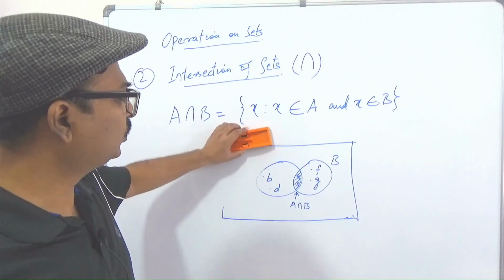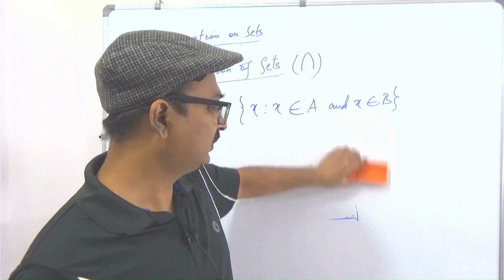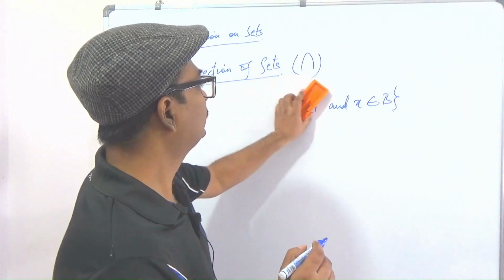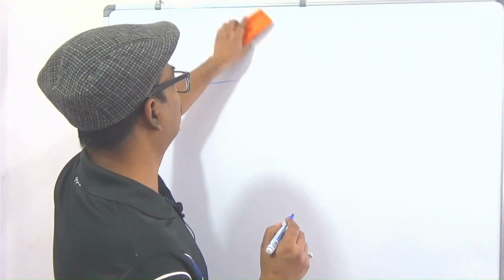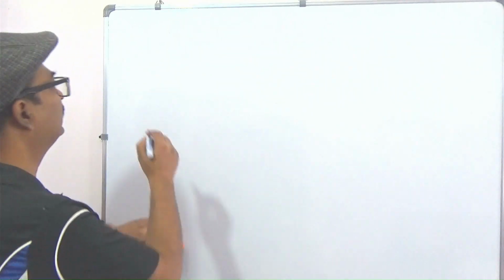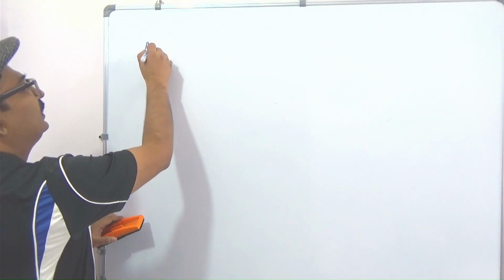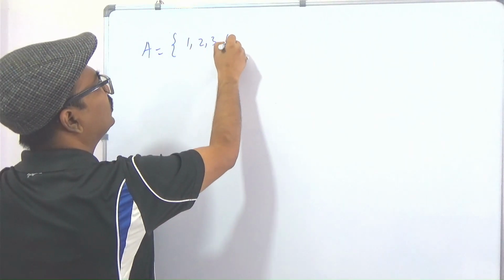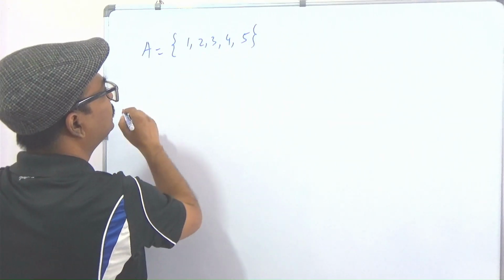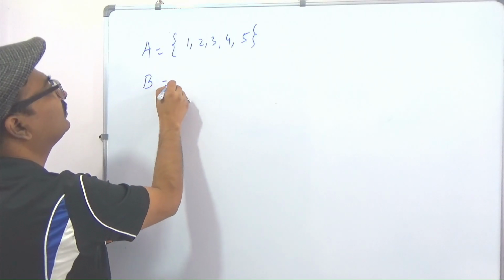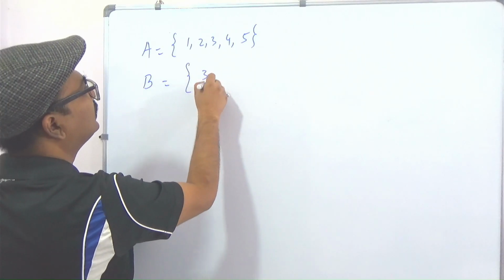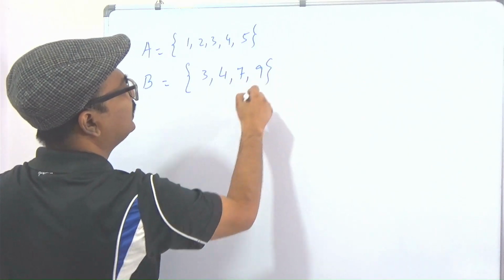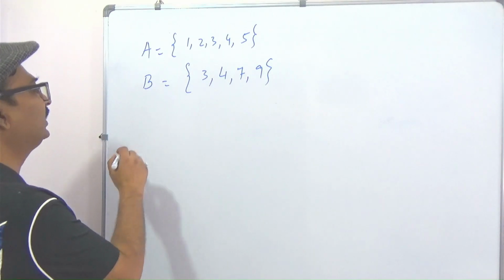Okay, let's take one example so that this is very clear before you. Let's say A is given as {1, 2, 3, 4, 5}. B is given as {3, 4, 7, 9}. So these are two sets. What we have to find?